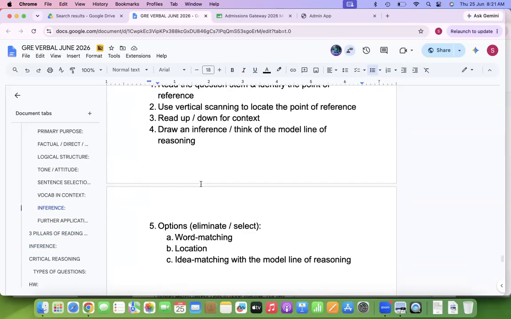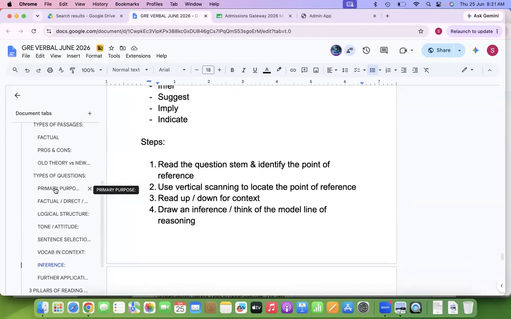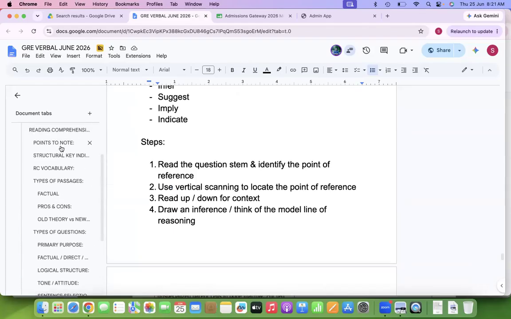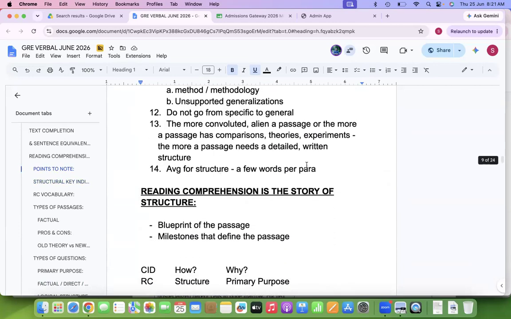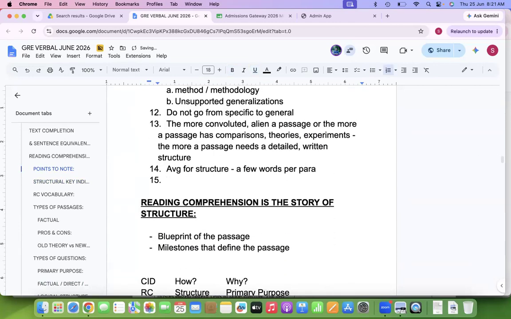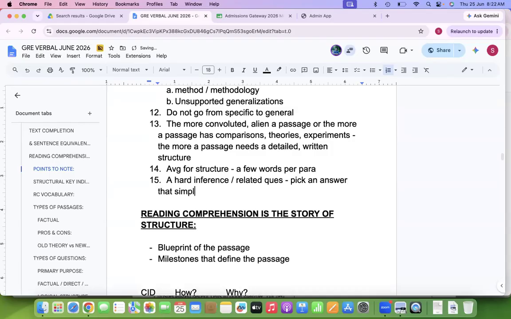Let me put it this way. In a hard inference or related question, pick an answer that simply restates what is already given.